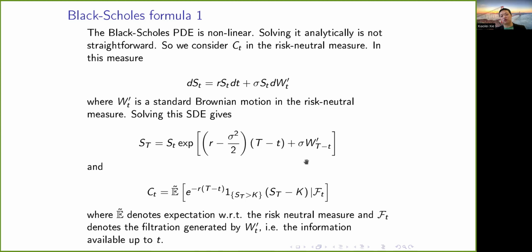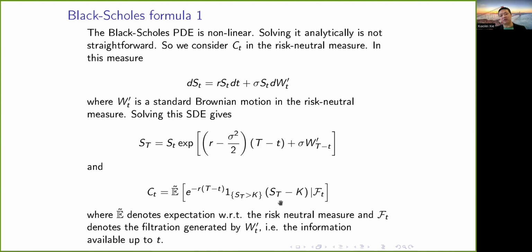Then by the risk-neutral pricing methodology, we know that the call option price must be equal to the expected value of the discounted payoff at the time of expiry.